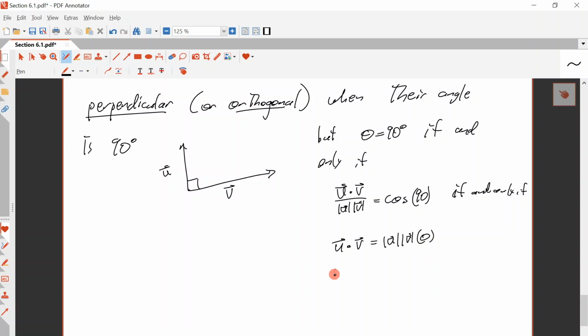Right, but that's just 0, if and only if u dot v equals 0.